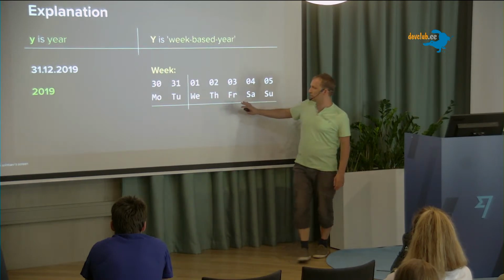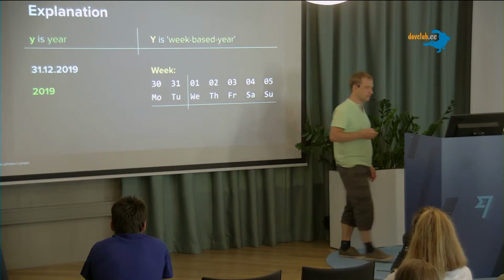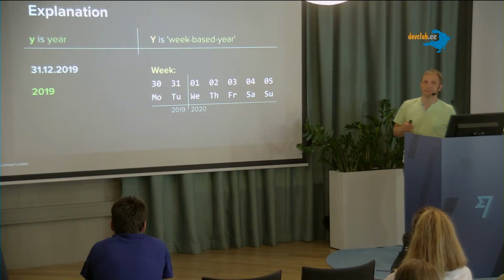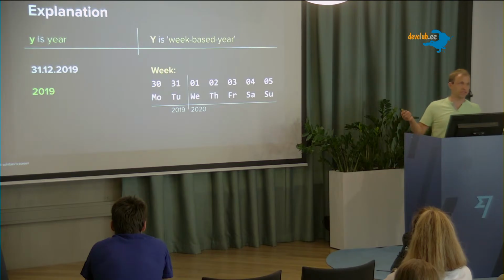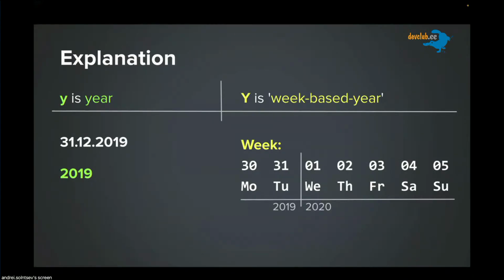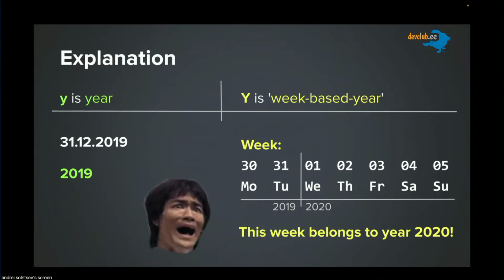And if you ask to which year this week belongs, actually there is a correct answer. This week belongs to next year, because most of this week is in next year. So the uppercase means that for this day, the week-based year is actually 20. Yeah, this is crazy. Who invented it?